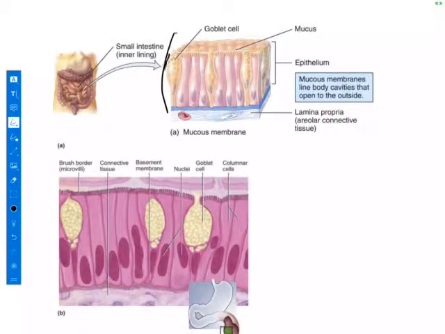Here you can see a goblet cell, and that would then secrete mucus onto the apical surface of the epithelial tissue. Below this purple basement membrane shown here that I'm drawing in black, there is the lamina propria. Lamina propria is just a layer of areolar connective tissue, which is basically a loose connective tissue, so there's a lot of space within it. It's not dense.